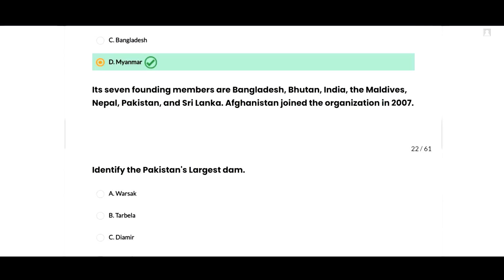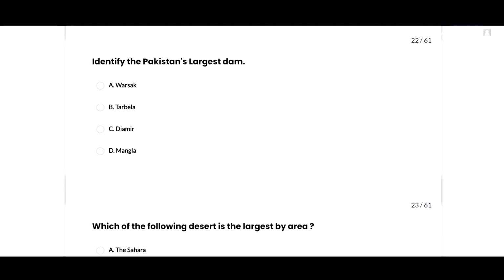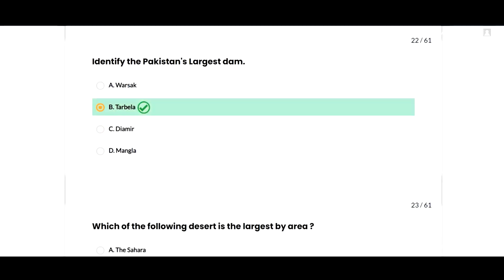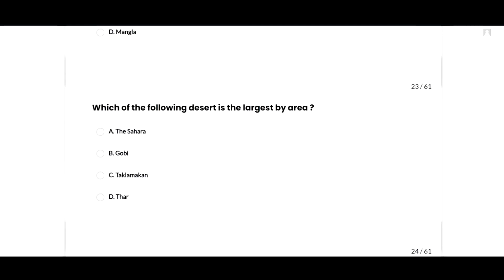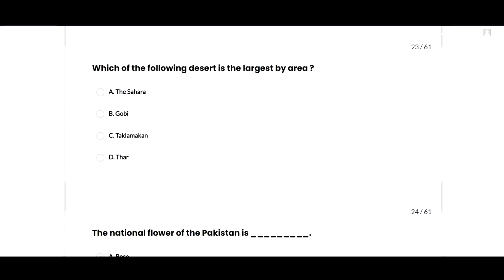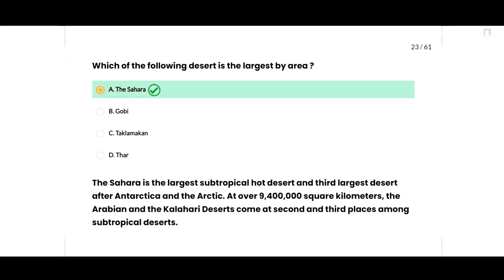The next MCQ. Identify the Pakistan's largest dam, Tarbela. B option is correct. The next MCQ. Which of the following deserts is the largest by area? The Sahara. A option is correct.